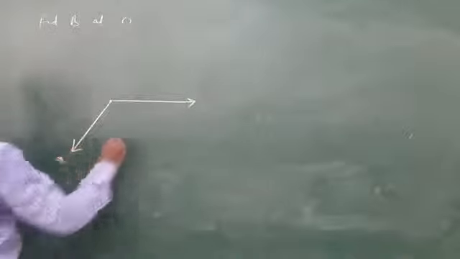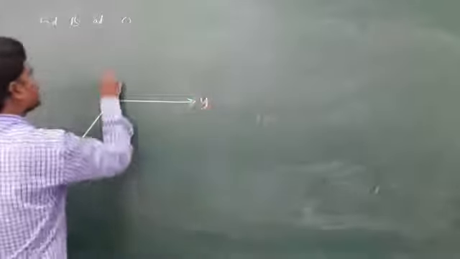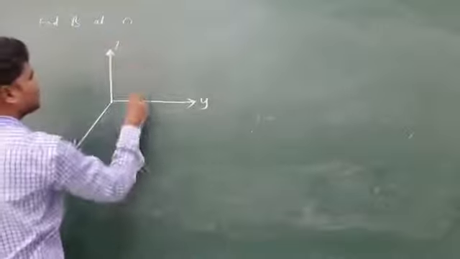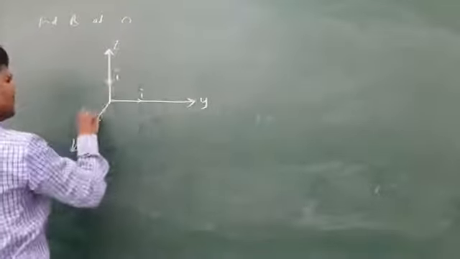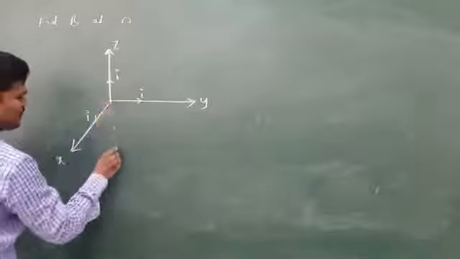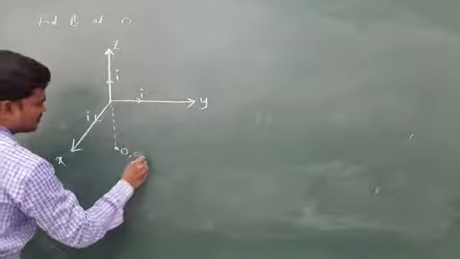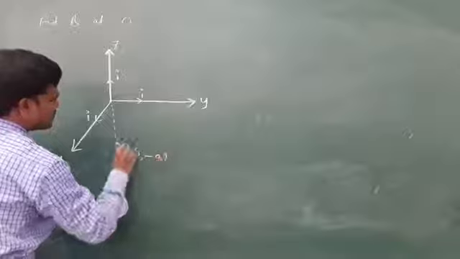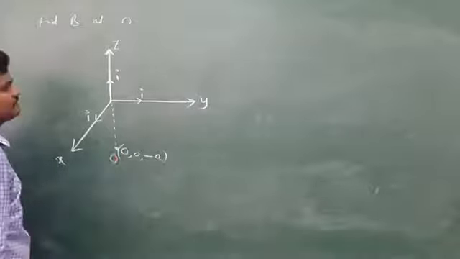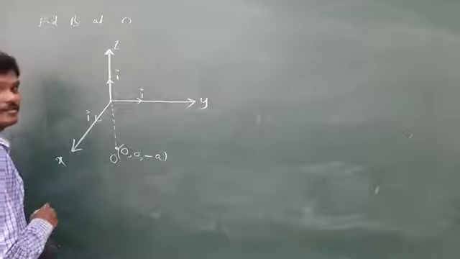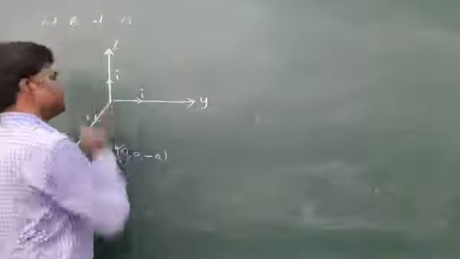Let us suppose this is the x-axis, this is the y-axis, and this is the z-axis. Here it carries a current I, in this also I, in this also I. They are asking to find the field at this point, 0, 0, minus a along the z-axis. So this is the center, the origin.